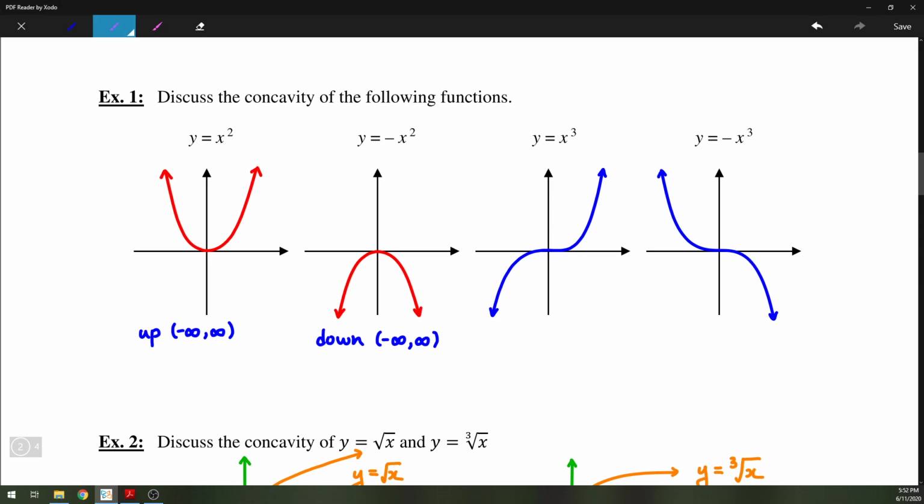What is new is that if we have cubic functions like in the third and fourth examples here, the first part of the graph concaves down from negative infinity to 0, and then the rest of the graph concaves upwards from 0 to infinity once we're past the inflection point at 0. And of course, the reverse is true for the negative x cubed graph: it concaves upwards from negative infinity to 0, and then concaves down from 0 to infinity.